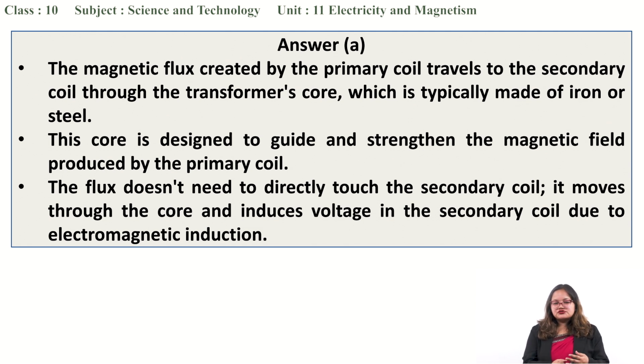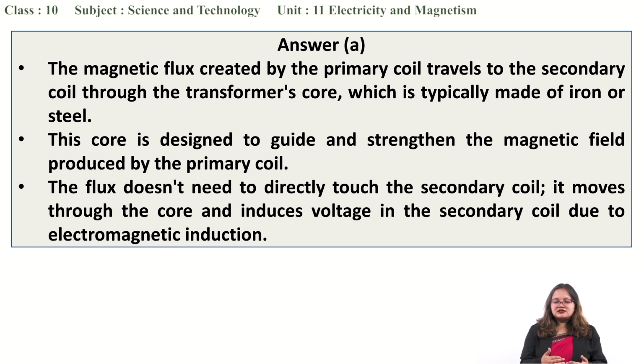And to recall the experiment, when we did the experiment using a solenoid, we used an iron nail inside this solenoid. So when we used an iron nail inside the solenoid, we could see a very noticeable deflection, meaning the magnetic field was enhanced in that practical.